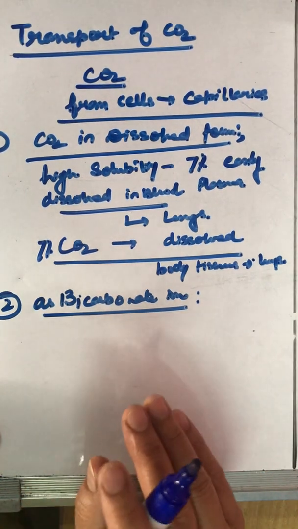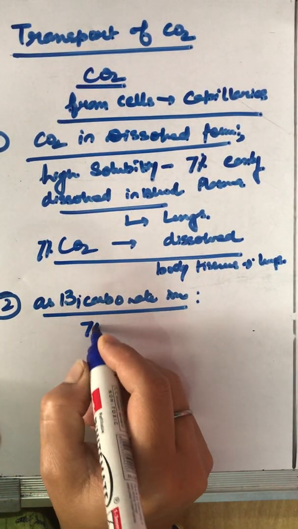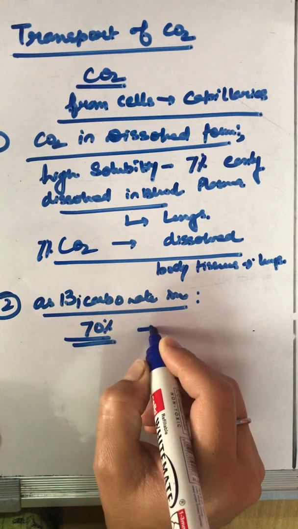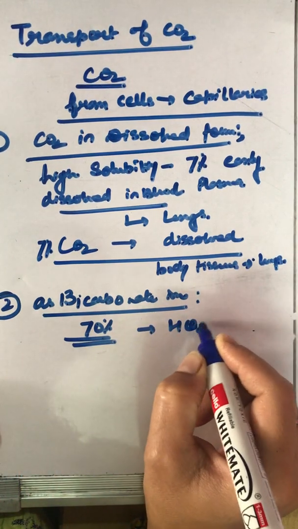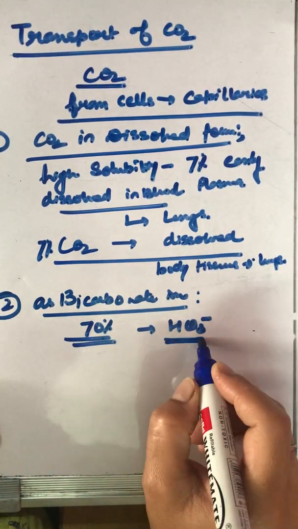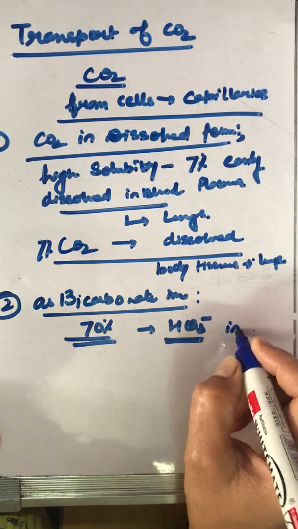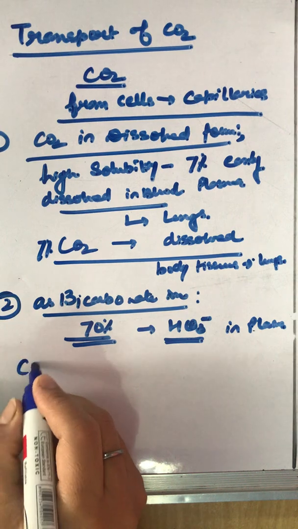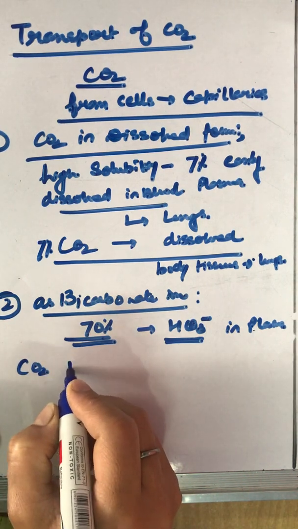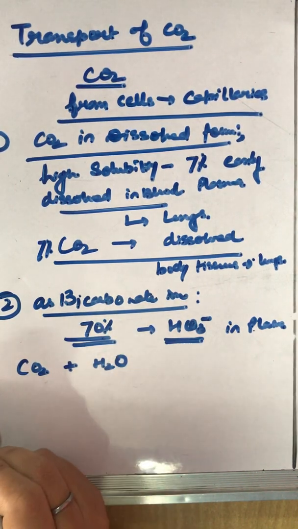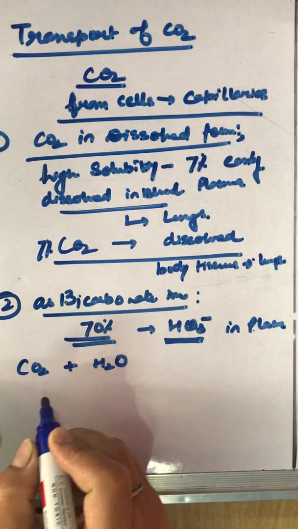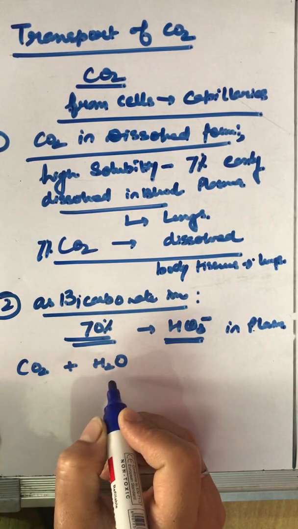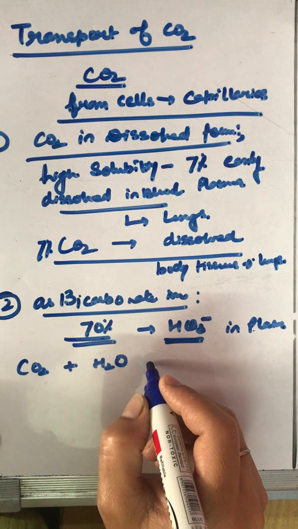See, the largest fraction of CO2, about 70%, is converted to bicarbonate ion, because this is the form which is transported in plasma. When CO2 diffuses into the RBCs, it combines with water, forming carbonic acid.